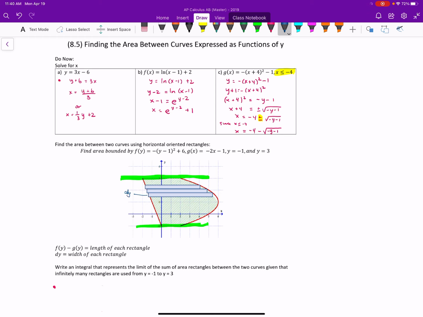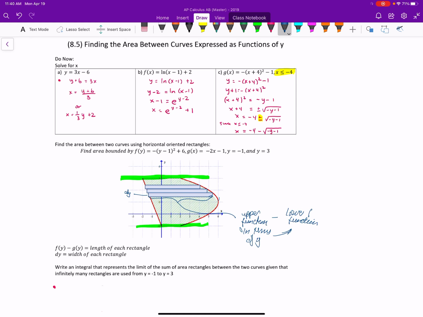That's the width of each rectangle. And then the length of each rectangle is going to be the upper function minus lower function. But in terms of y, for both of them, right?